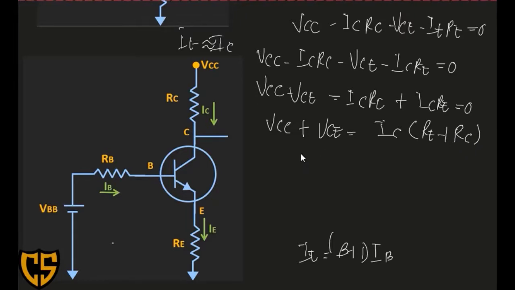So the value of our IC will be VCC minus VCE all over RC plus RE. So that now will be the equation for our parameters IC and RE. So take note of the relationship that we used for solving the parameters that we need to know.